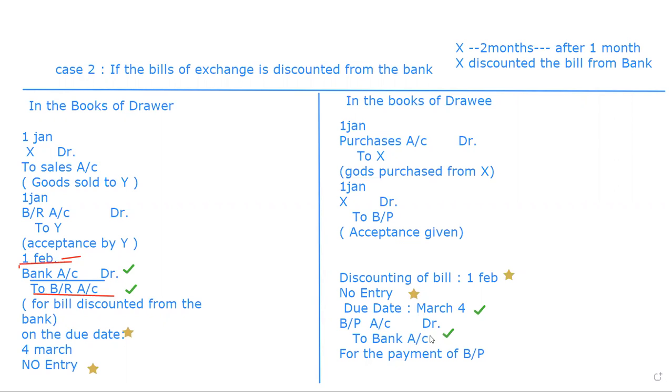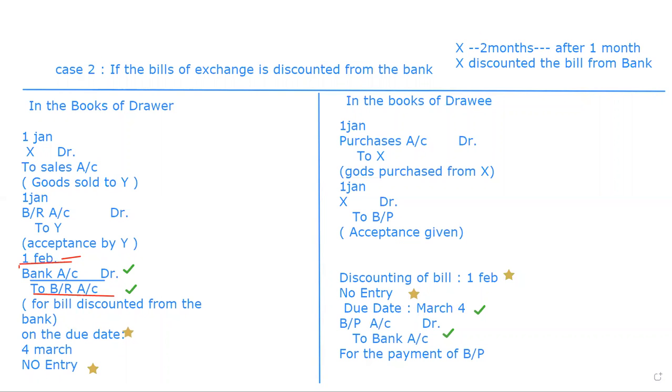Now see what is to be done in the next case. Let's move forward to the next case. We did this case, bills drawn when the bill of exchange is discounted from the bank.